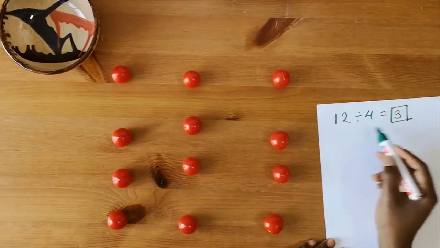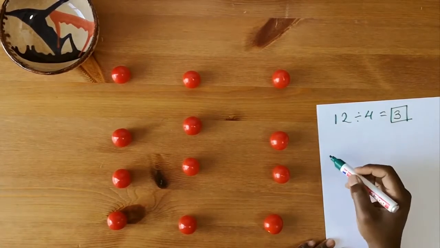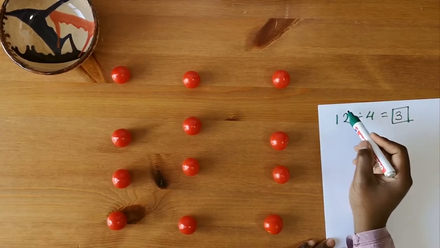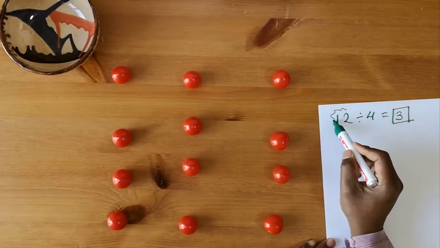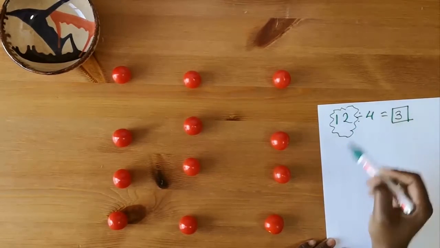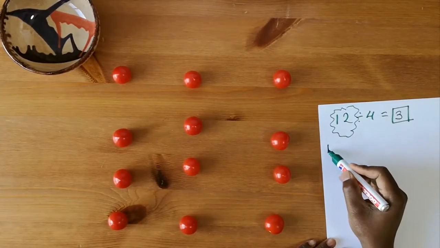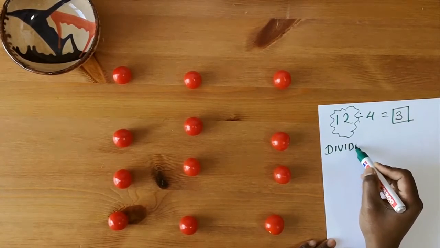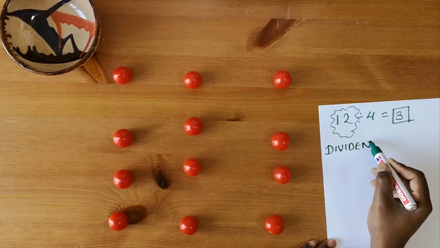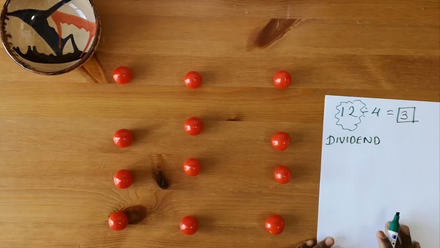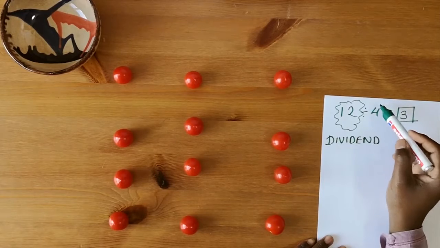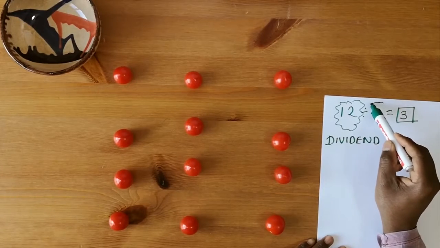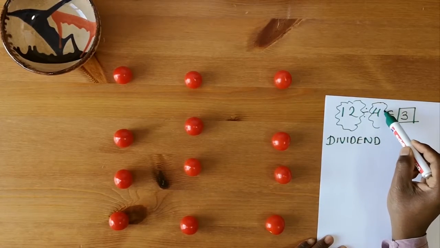In mathematics, these numbers have names. The one that you're dividing is called the dividend. Now the number that you're using to divide is called the divisor.